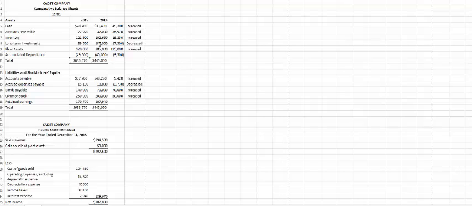We could have bought and sold long-term investments, and we could have bought and sold plant assets and still had a net decrease or increase. Okay, so we can't really see enough detail here, so we've got to ask some additional questions.